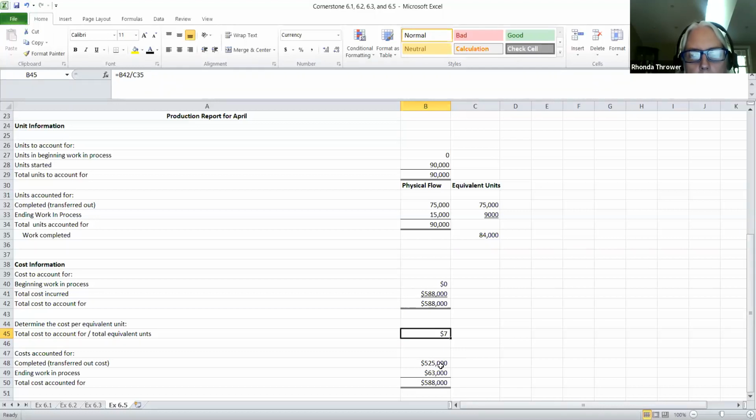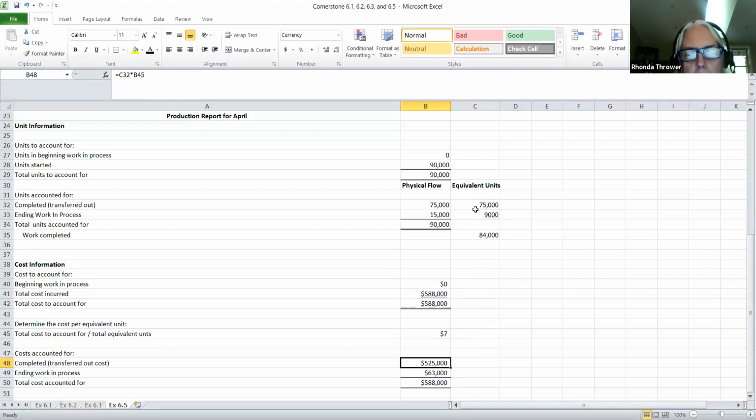And I would do that by taking my completed and transferred out equivalent units of 75,000 and multiplying that by the cost per equivalent unit.